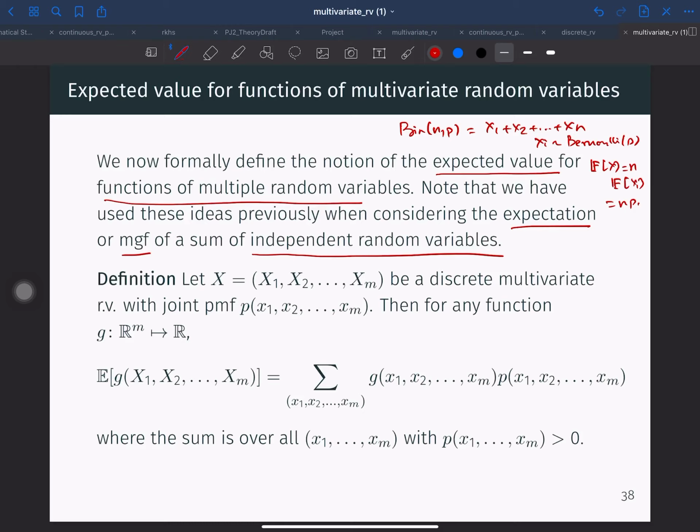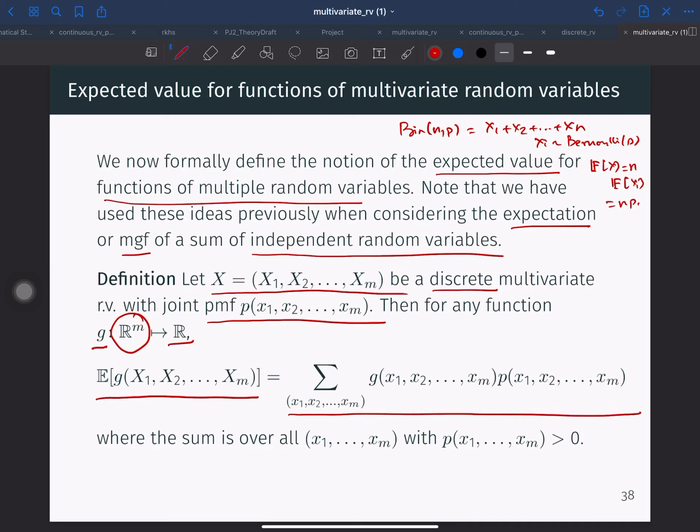So let X be a discrete multivariate random variable, and suppose that X has joint PMF p(x1, x2, up to xm). Then for any function g, which takes m arguments and returns a real number, the expected value of g(X1, X2, up to Xm) is simply the sum of the function g weighted by the joint PMF over all values of x1, x2, up to xm for which the joint PMF is positive.